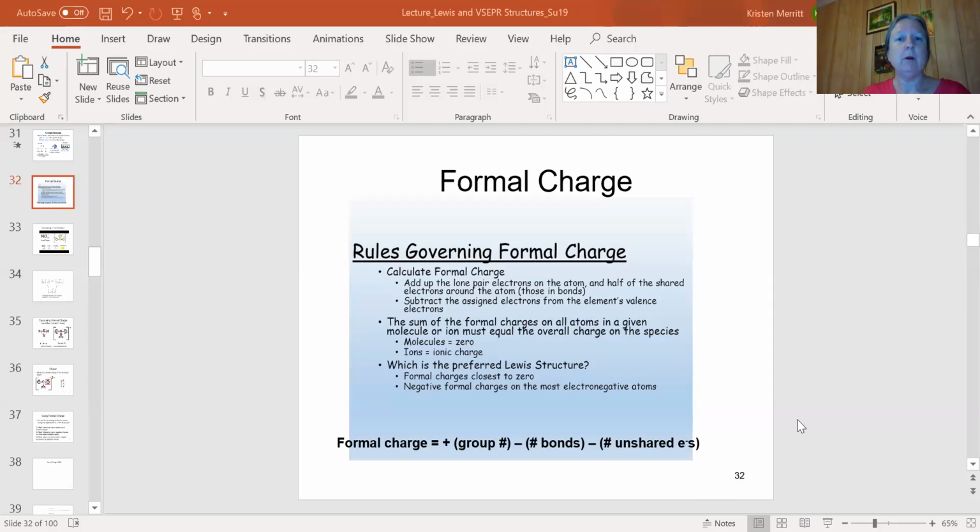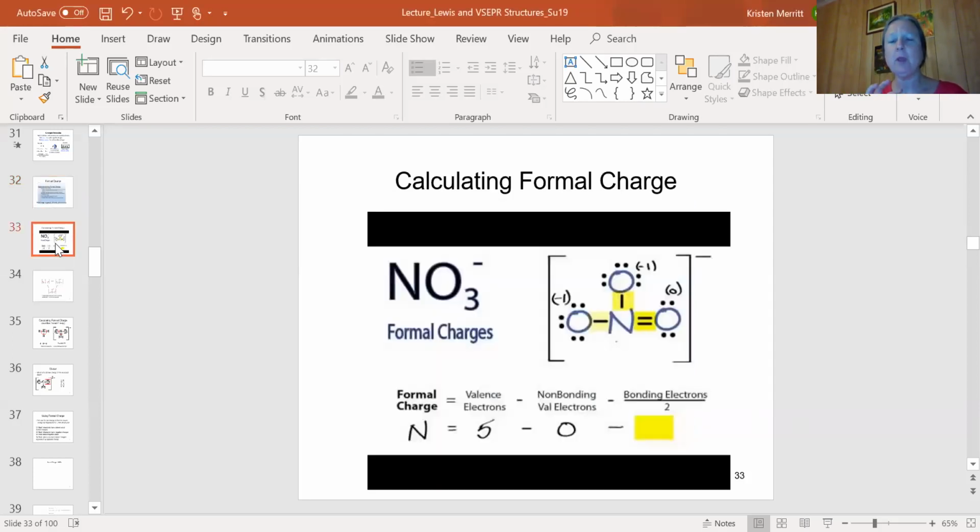So why do we care about formal charge, and what is it? Formal charge is bookkeeping. It's accounting in chemistry, and it's related to the flow of electrons, similar to polarity, how you have an unequal distribution. It's kind of like that, except it's bookkeeping. It's just a way we keep track of electron distribution.